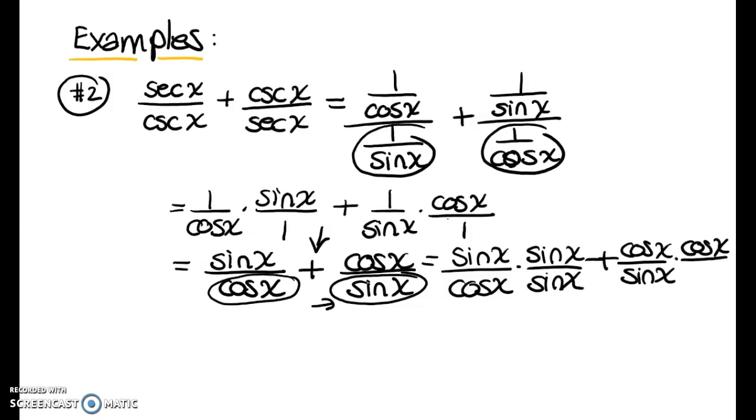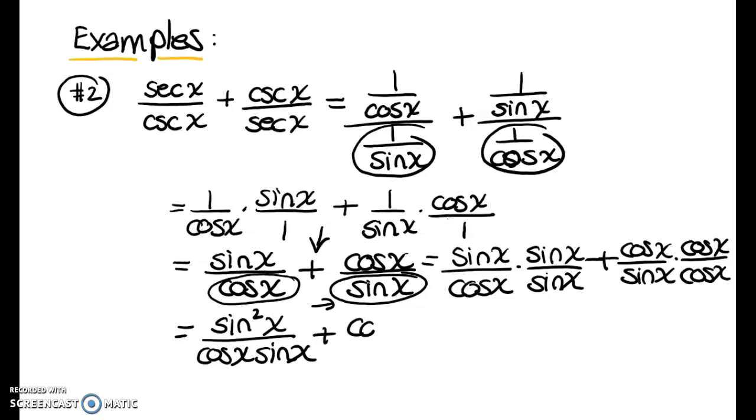So this is just simple algebra that we did back in chapter 6. So I end up with sine squared of x over cosine x sine x plus cosine squared x over cosine x sine x. Now they have a common denominator, so I can add these, combine them into one fraction.